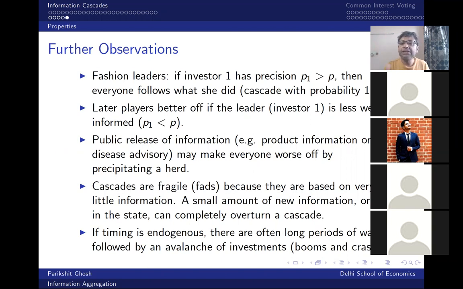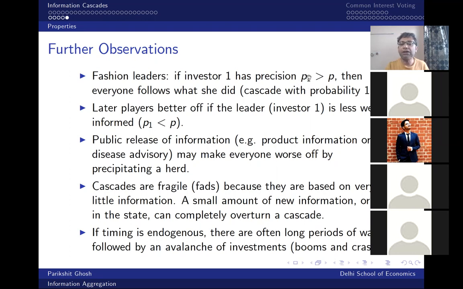And this fragility can also be understood with a model like this. So once again, think of slightly heterogeneous information structures, right? Most people have information of quality P, and suppose a cascade has formed, so everybody is mimicking the ones who came before. And suddenly there comes an agent who has a slightly better signal than others, right?